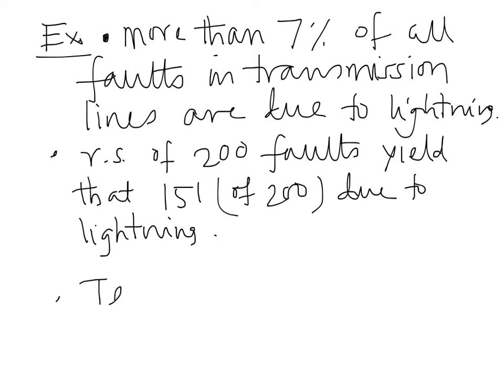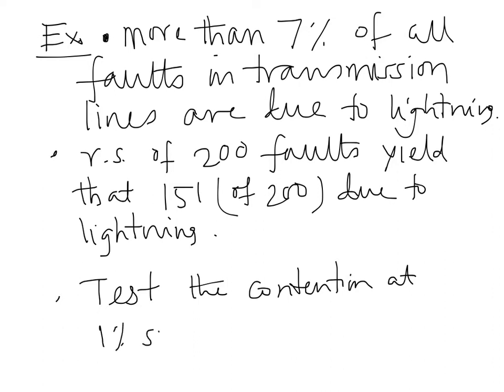The problem is to test the contention at the 1% significance level, or it can be given as alpha is 0.01. Now, the first step is you form H0 and HA.